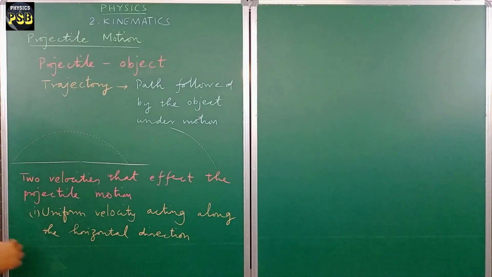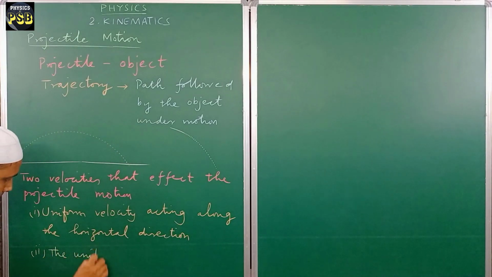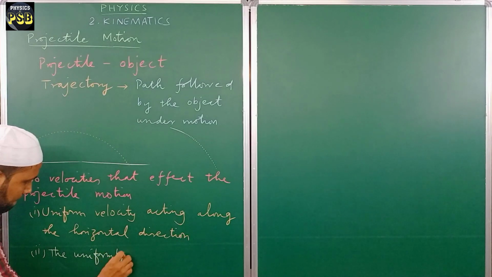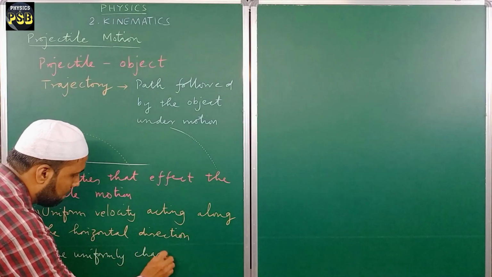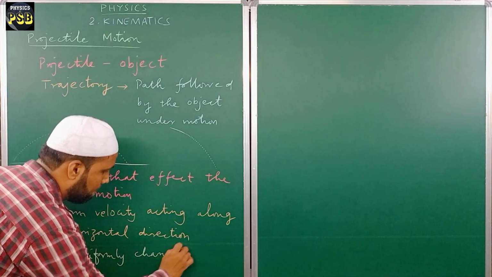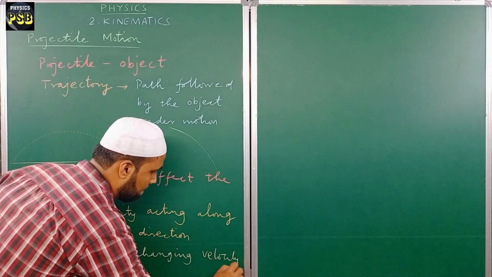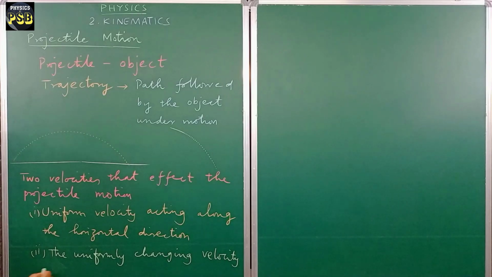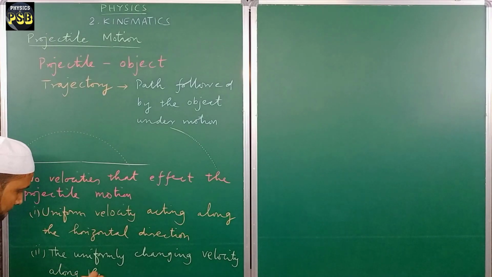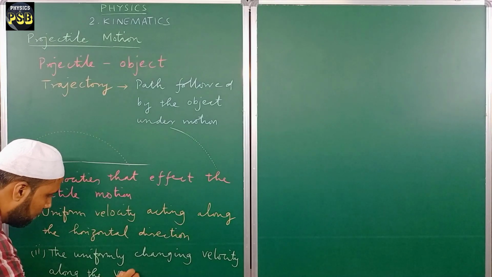The second velocity is the uniformly changing velocity along the vertical direction.